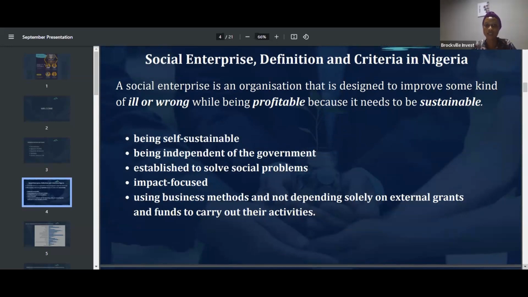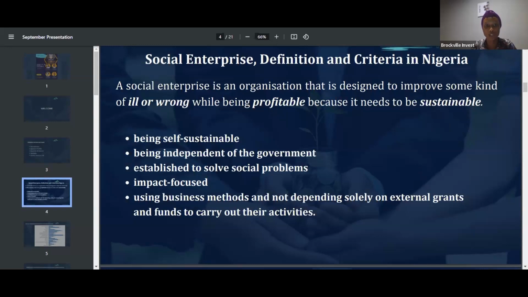A social enterprise is an organization that is designed to improve some kind of ill or wrong while being profitable, because it needs to be sustainable. I highlighted the words profitable and sustainable. The sustainability part is what we want to focus on in this webinar. And while being sustainable, we need to get something in return, which is the profit.